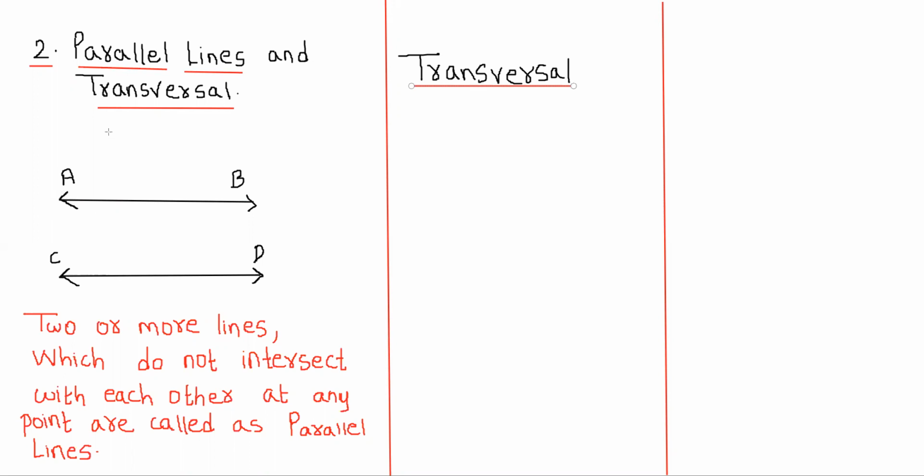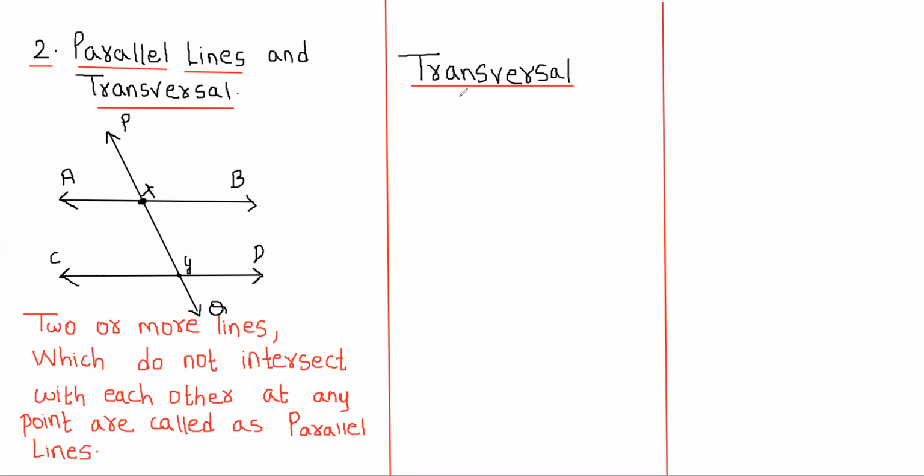PQ is intersecting line AB at point X, and line CD at point Y.